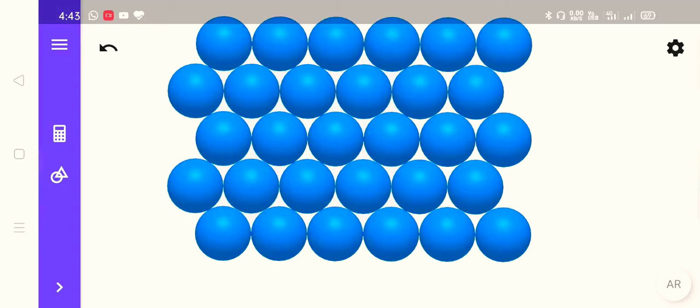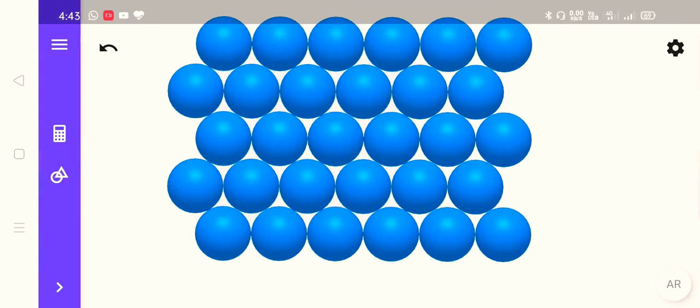Now if we call first row as row A, then second row will be different from it, so we have to call it with a different name. Let us call second row B. But as you can see in this figure, third row is exactly the same as the first row, so third row will again be of type A, and fourth row is exactly the same as B or second row.